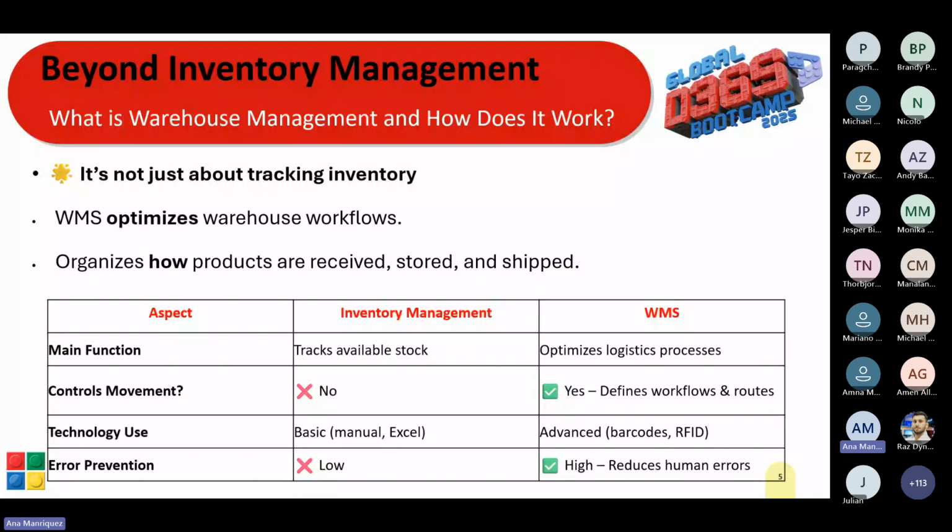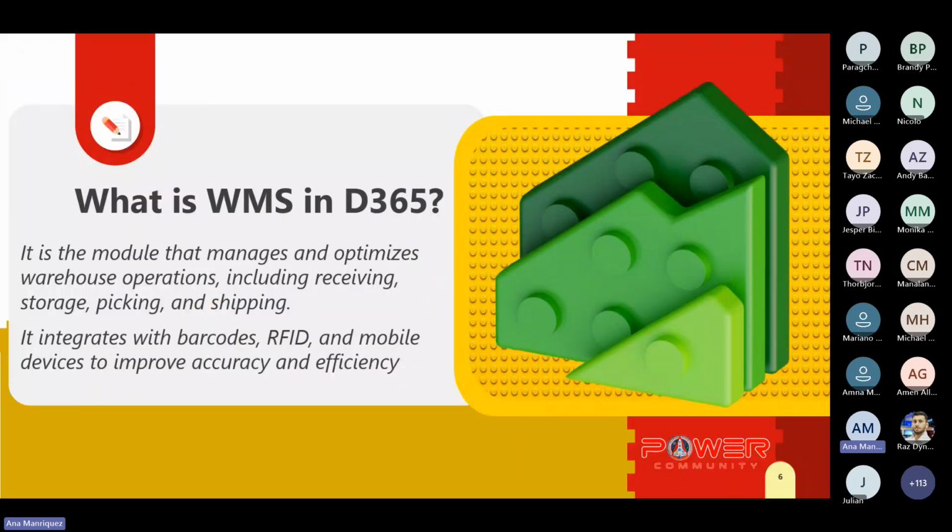It's a huge module. So let's start. The PPT has some topics about my speech, and I wanted you to take these images. So what is the difference between inventory management and WMS? And this is the core of the presentation. Okay, so what is WMS in Dynamics 365?